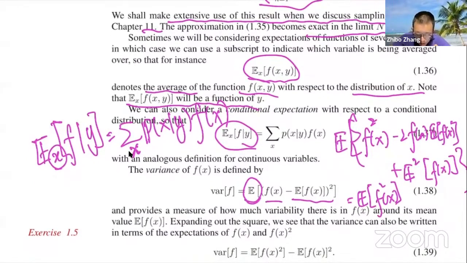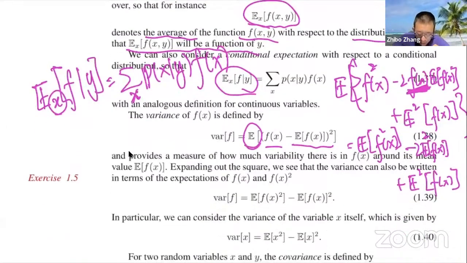Let's pay a little bit of attention here. This part, if you take the expectation, is going to be the expectation of f(x). And this part is already a constant, so it's a square, plus the square of the expectation of f(x).